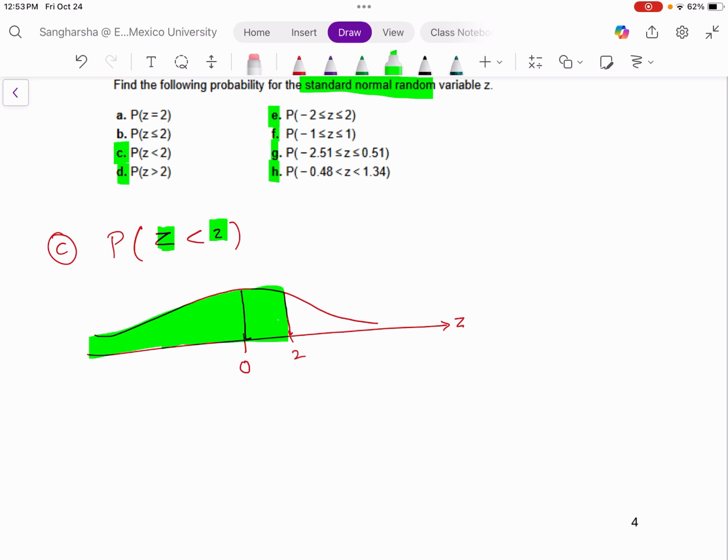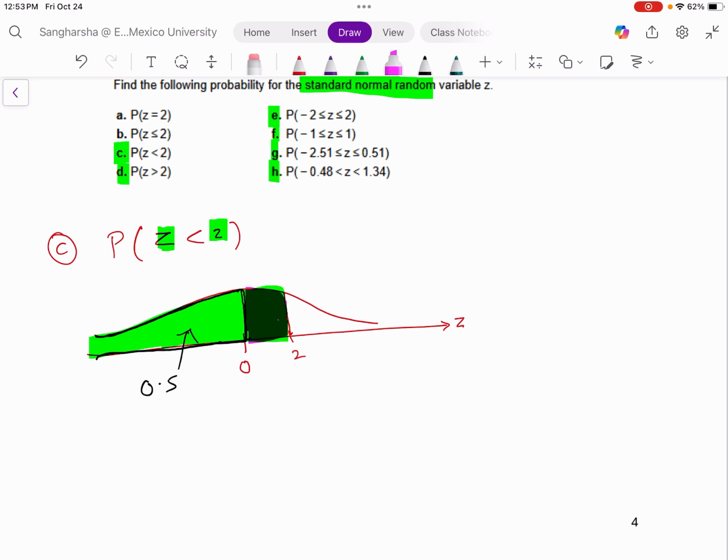We want to find the area of this green region. What we know is the total area on the left of 0 is already 0.5. Next, to find this area, from G equals 0 to 2, we use the normal table.